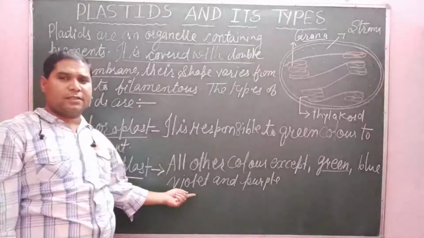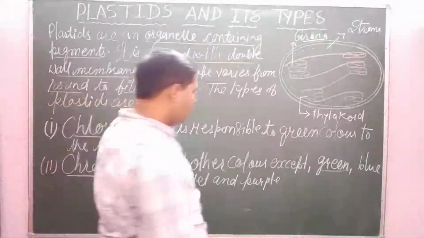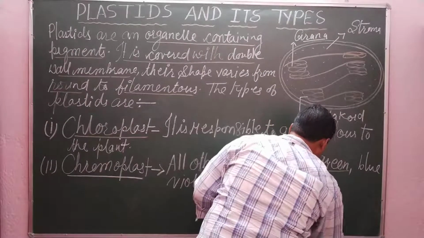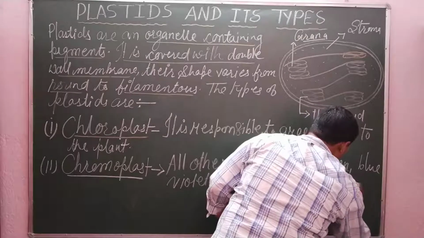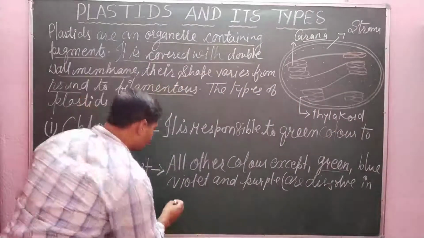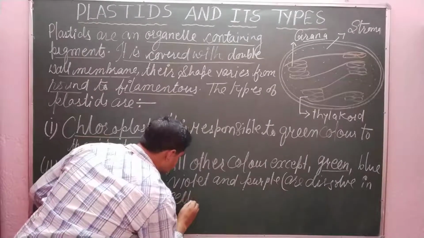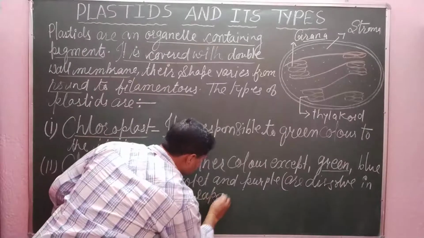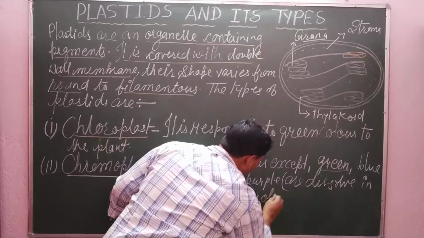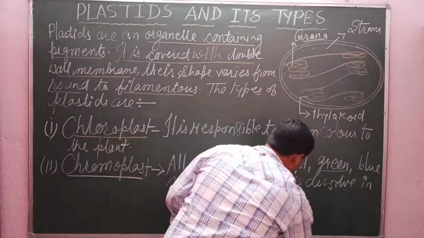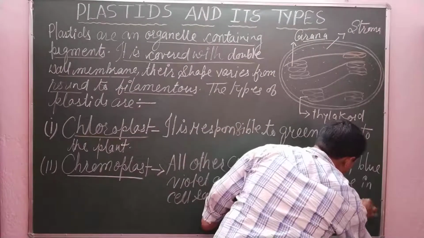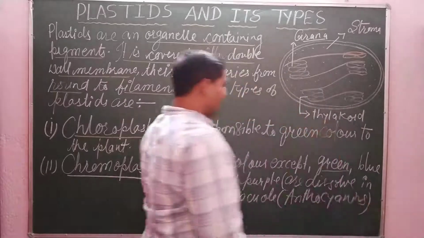These colors or pigments are dissolved in the cell sap of vacuole, known as anthocyanin.